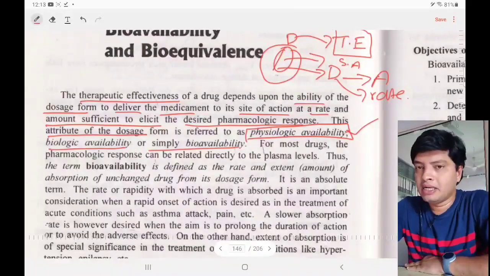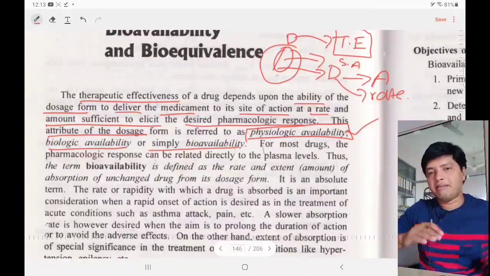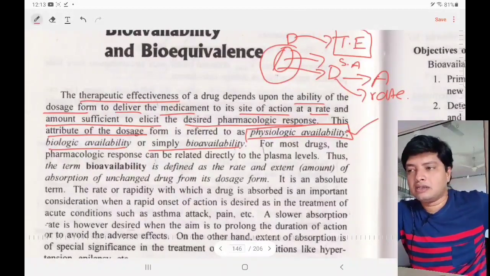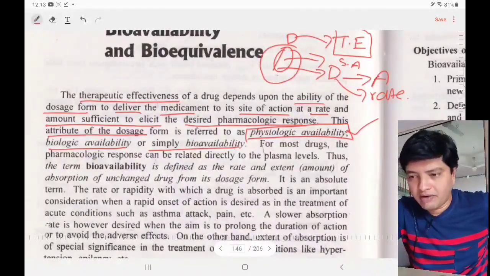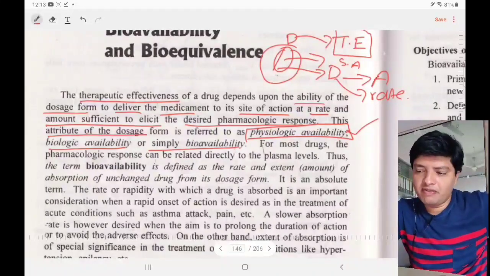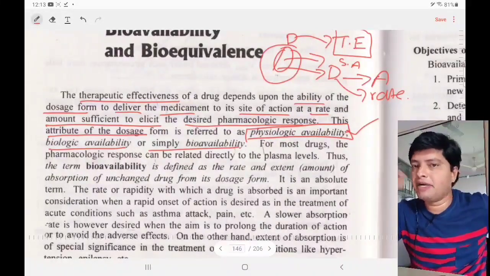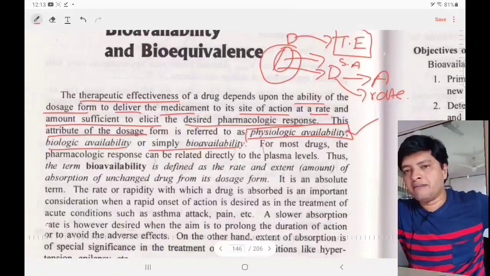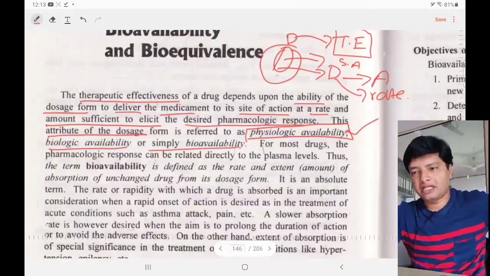So what do you mean by that? You have a dosage form, let's say a tablet. From the tablet the drug is coming and entering from the site of application of your dosage form. Let's say if it is a tablet, we will take it orally, from oral to the systemic circulation, till it shows the action.